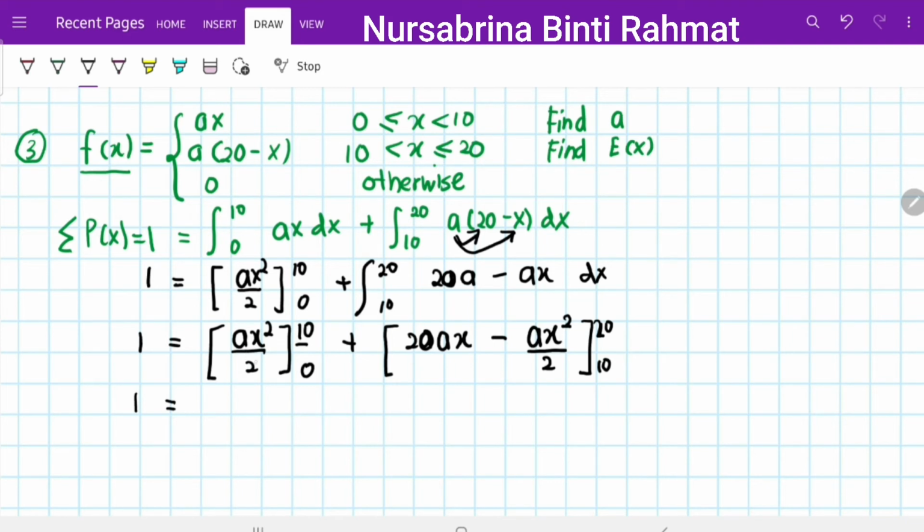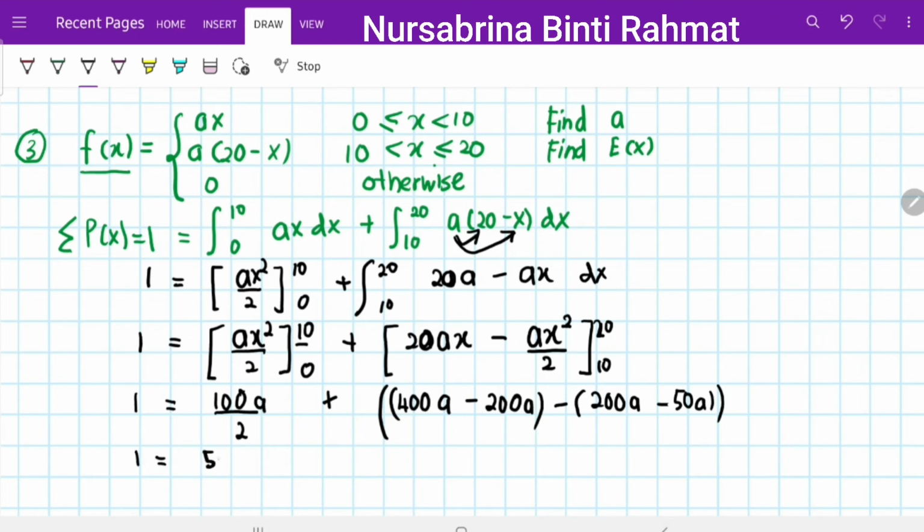First, when x equals 10, it becomes 100a over 2, and when x equals 0, it is 0. Plus, when x equals 20, and next we find when x equals 10: 20 multiplied by 20 becomes 400a minus a times 20 squared over 2, which is 200a, and at x equals 10, 20 times 10 is 200a minus 10 squared over 2 times a, which is 50a. So 1 equals 50a plus, simplifying, 200 minus 150, leaving us with 50a.